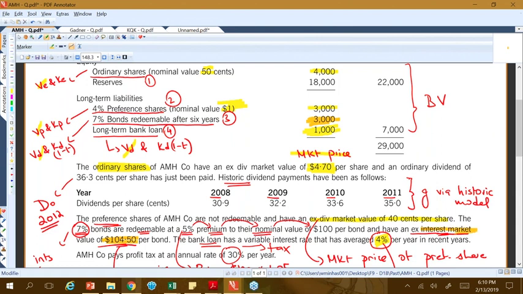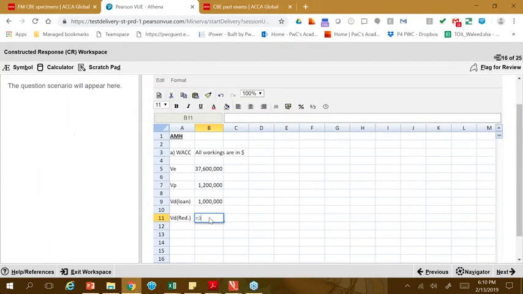So I'll take the 3 million, which is the book value, over the par value 100 into the market price 104.5.